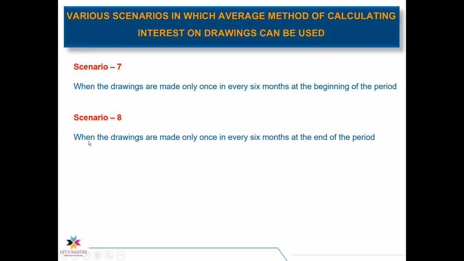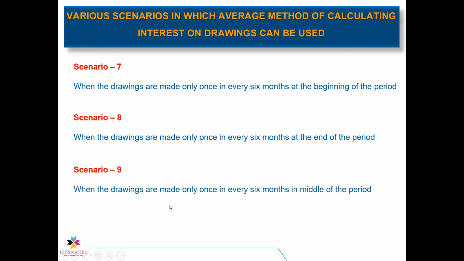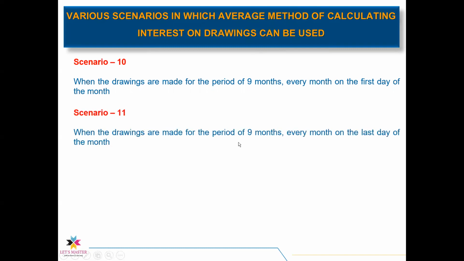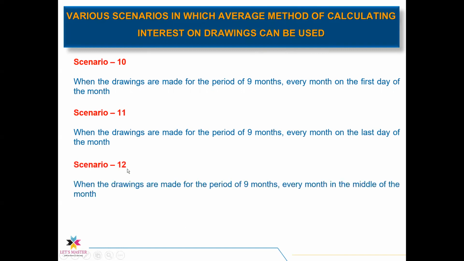In scenario 8, the drawings were made on 30th of September and 31st of March, or the drawings were made only once in every 6 months, any time during the period. Then, when the drawings are made for a period of 9 months, every month on the first day of the month, on the last day of the month, or during any time of that time block of 9 months. So these are the 12 different scenarios.